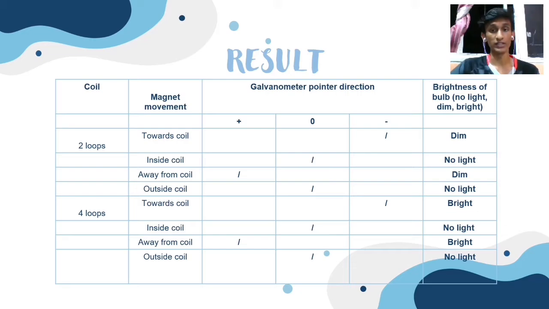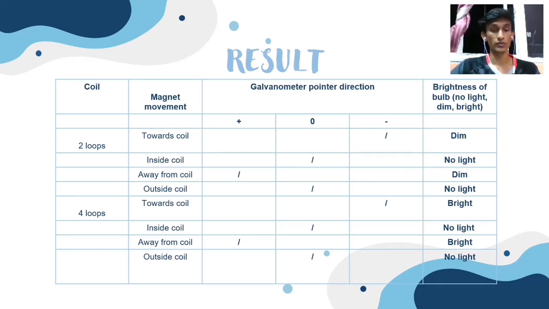One is deflected to the negative pole, and the other toward the positive pole, and the brightness of the bulb is dim. However, when the magnet is inside the coil and outside the coil, there is no net movement of the galvanometer pointer, hence there is no light from the bulb.